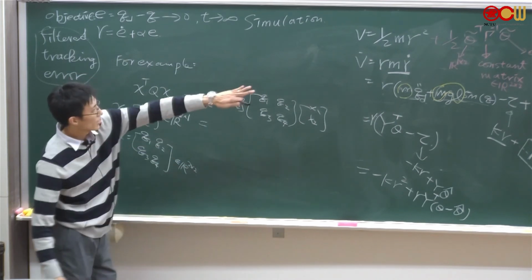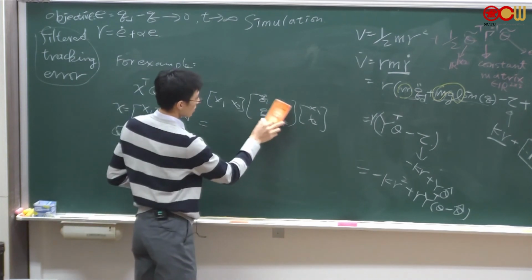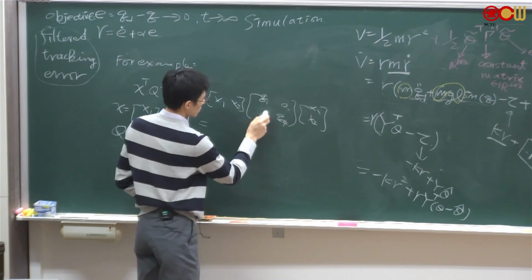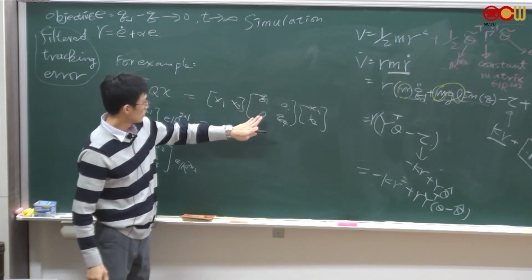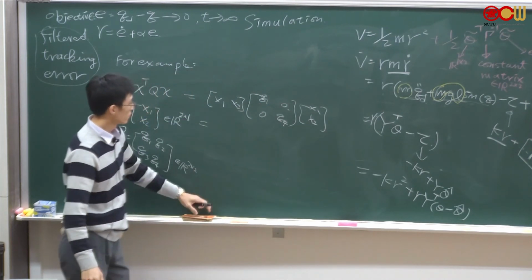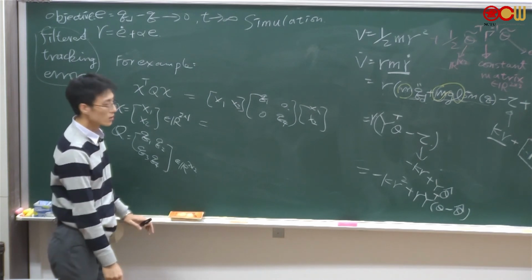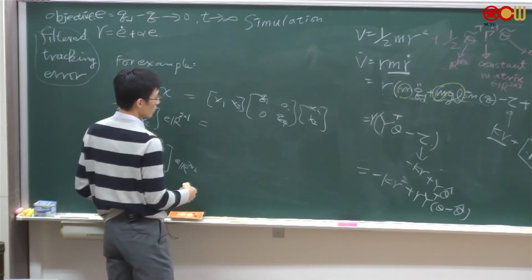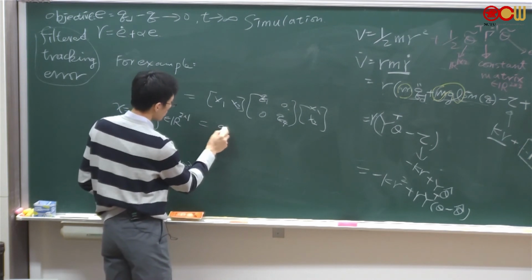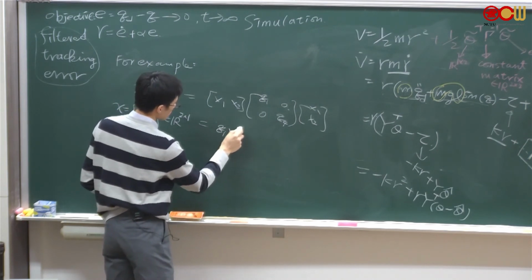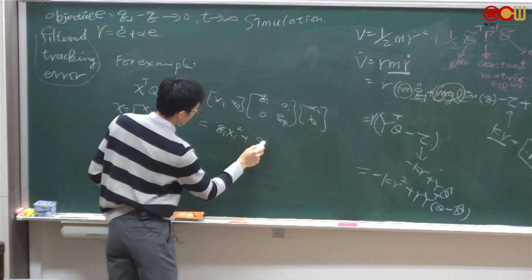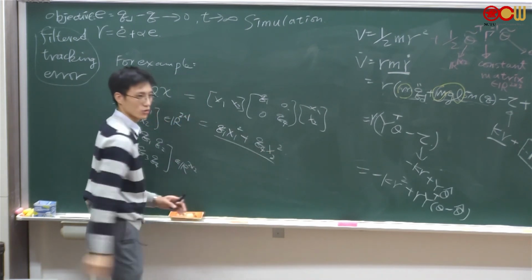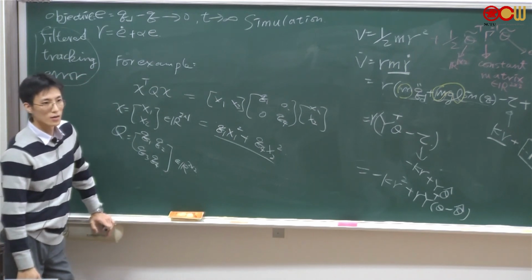But usually we design that gamma as a diagonal matrix, which has 0 only in the off-diagonal terms. So this gives you a simpler form, which is Q1 x1 squared plus Q4 x2 squared. So it's a quadratic form. 看懂吗?